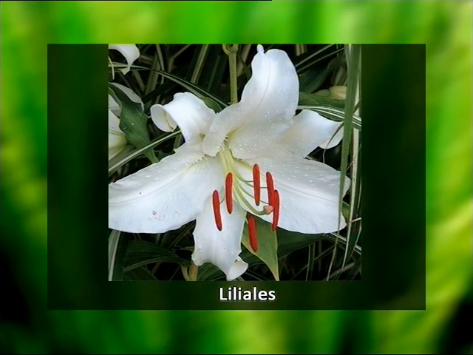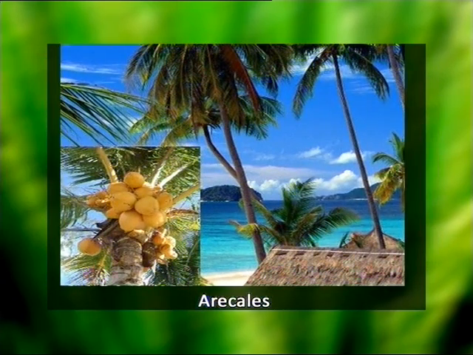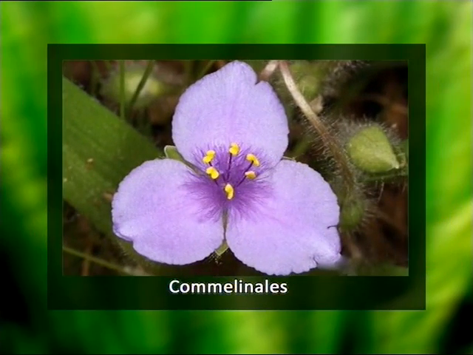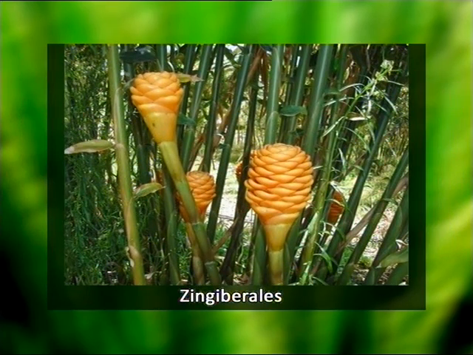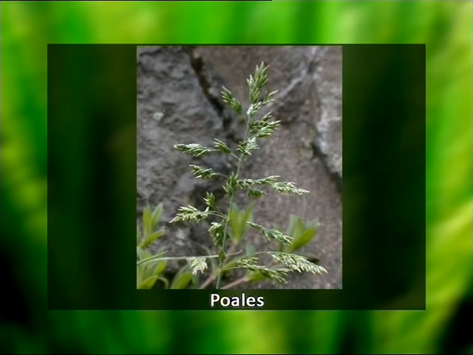Then arecales. Arecales are the common palms, coconut tree. These are the various palm species which have been grouped under the arecales. Then we have commelinales, then also zingiberales, and lastly, the most economically important, poales. All these orders have been recognized under the monocots.